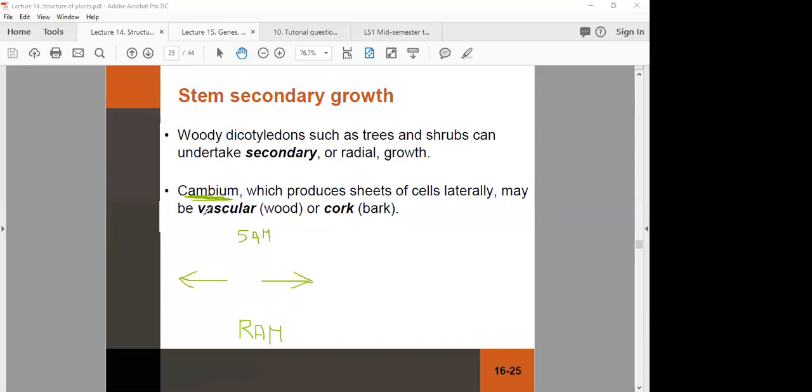There are two major types involved in stem secondary growth. One is called the vascular cambium, which will give rise to wood, and one is called the cork cambium, which gives rise to bark. So I'll try to refer to cambium as cambium meristems, just so you remember that we're still talking about different types of meristems.